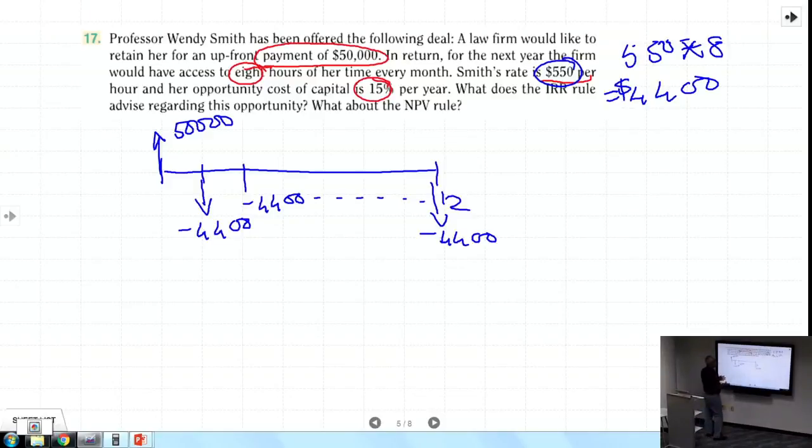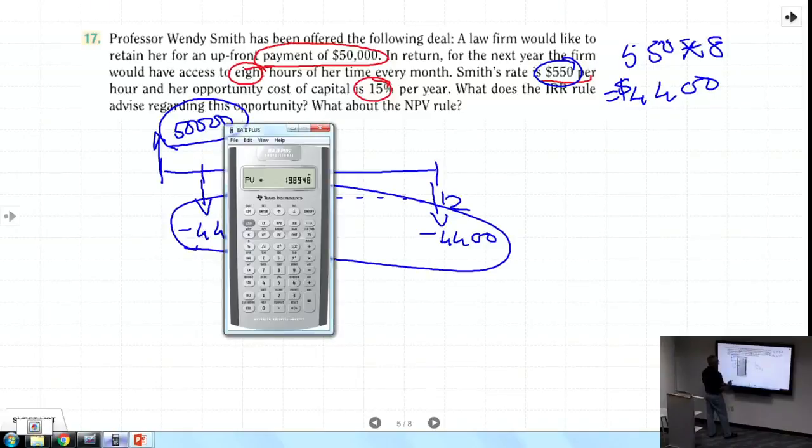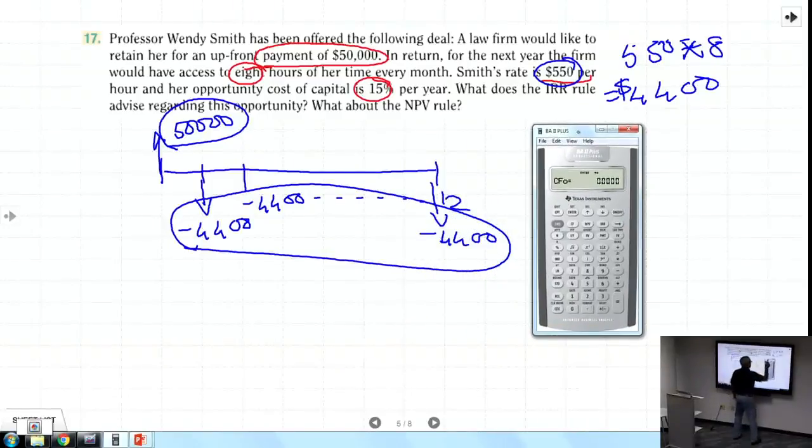So what is the IRR of this opportunity? Here we have, again, an annuity and then an upfront cash flow. To solve for the IRR, we use the financial calculator method. Clear everything, go into the cash flow register, second, clear work. Our upfront payment, CF0, is 50,000, that's positive.